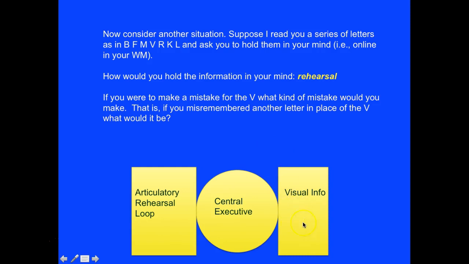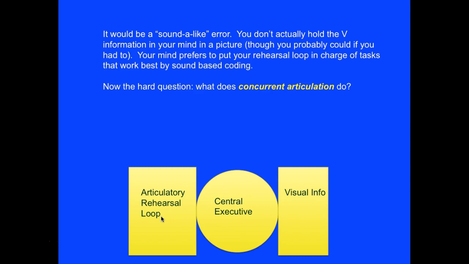I flash up the E, and your central executive sends it over for you to subvocalize it. E, you say in your mind. So if you're going to make a mistake, you're actually going to make a sound-alike mistake. E sounds like C. It looks nothing like a C, but it sounds like a C.